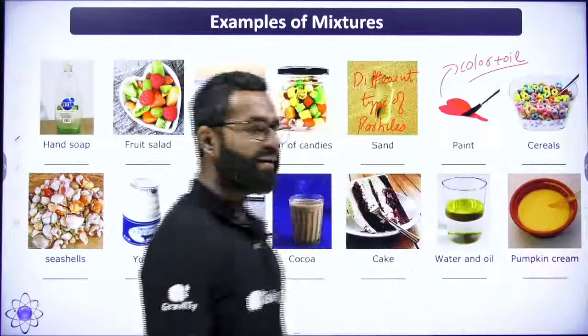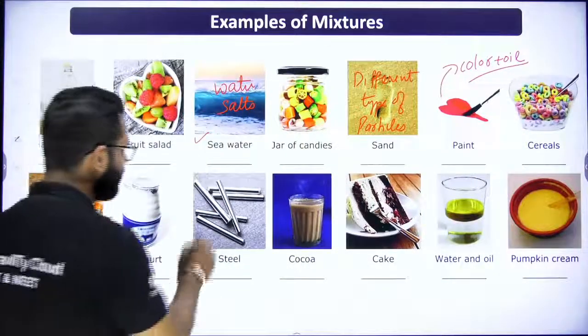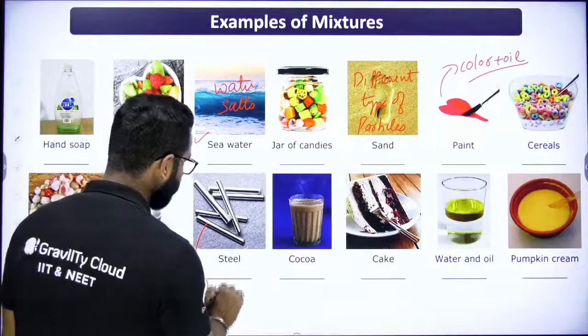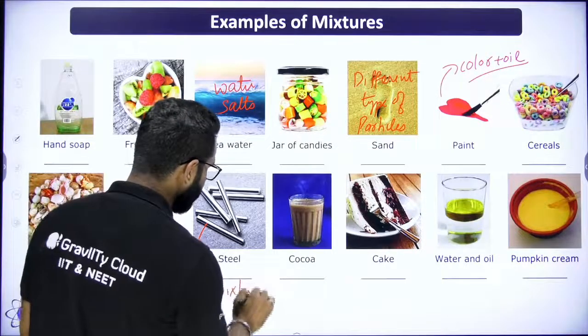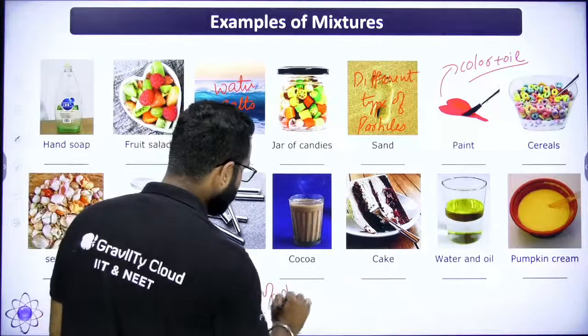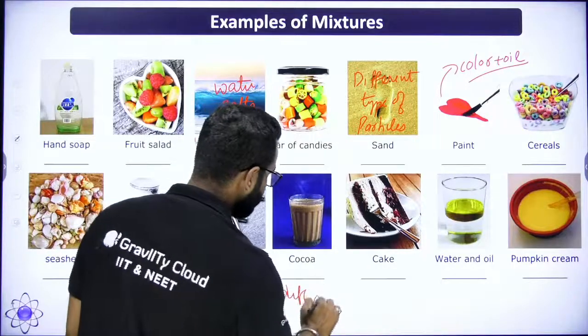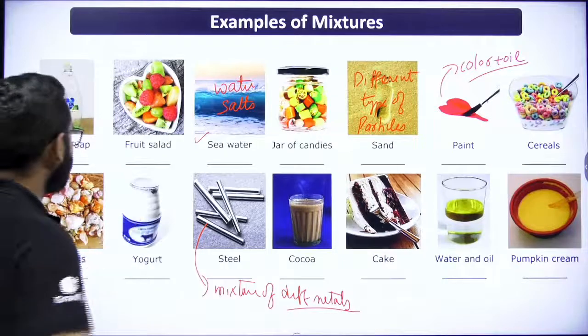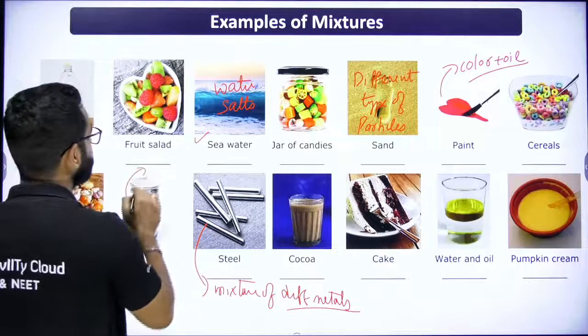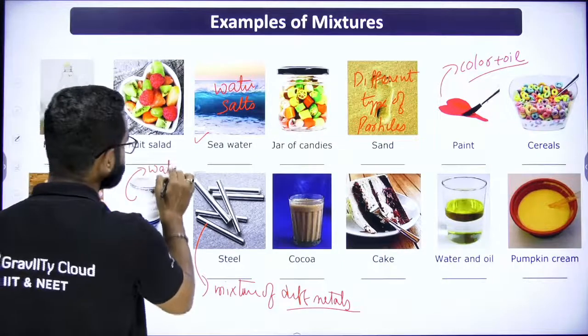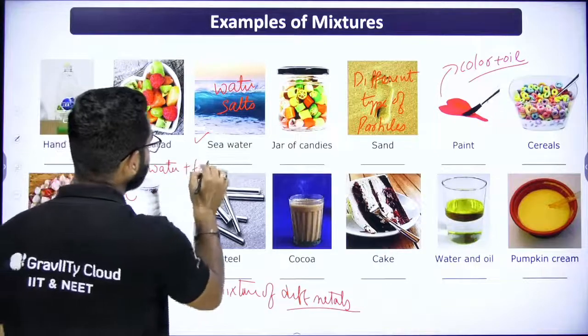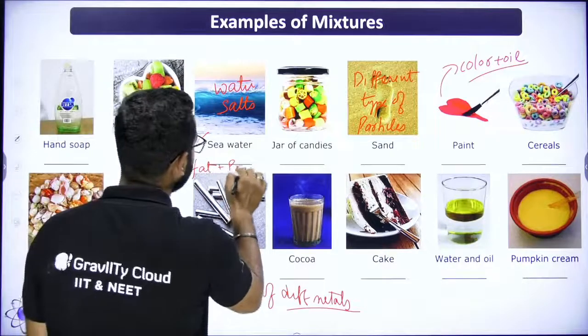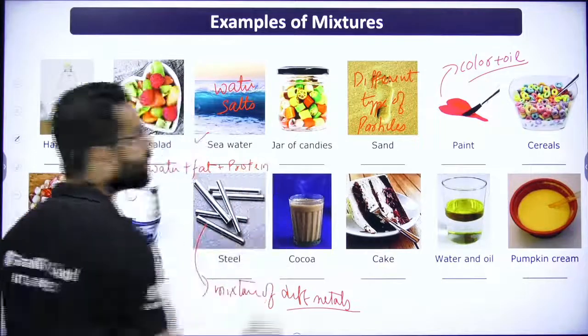If you take the example of steel, steel is again a mixture of different metals. Yogurt. Yogurt is a mixture of what? It is a mixture of water, plus fat, plus protein. So many things are there in yogurt.